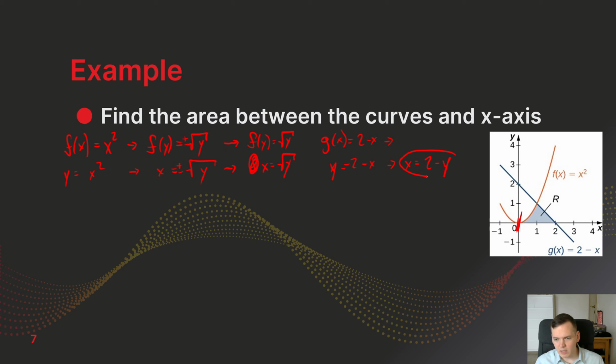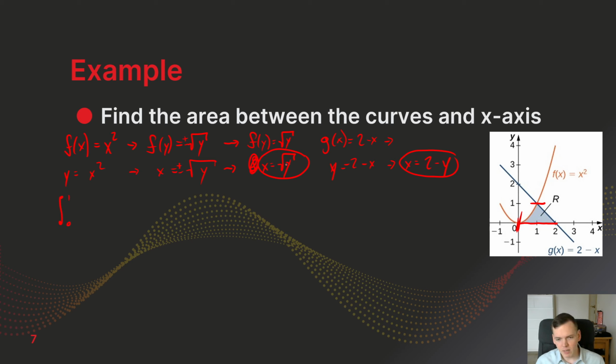So now we've got these two functions of y. We're going to integrate over our y values. Our y values go from 0 up until the intersection at 1. So from 0 to 1.